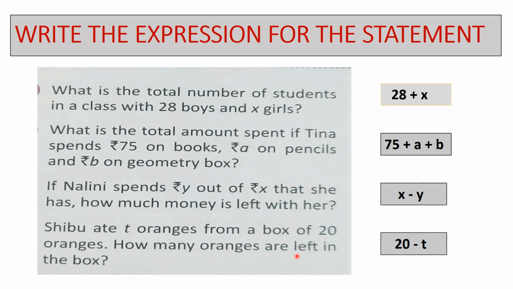How many oranges are left in the box? Total number of oranges in the box is 20, right? And Shibu ate t oranges. So how much is left will be represented by 20 minus t. So all these written are all algebraic expressions. So you have written algebraic expressions for these statements.